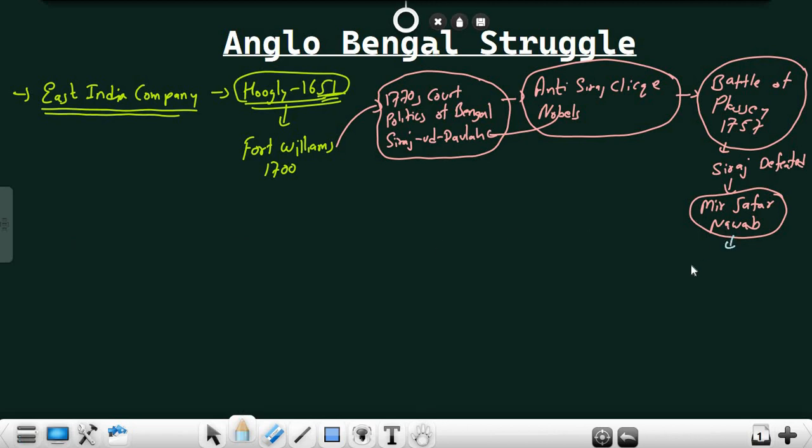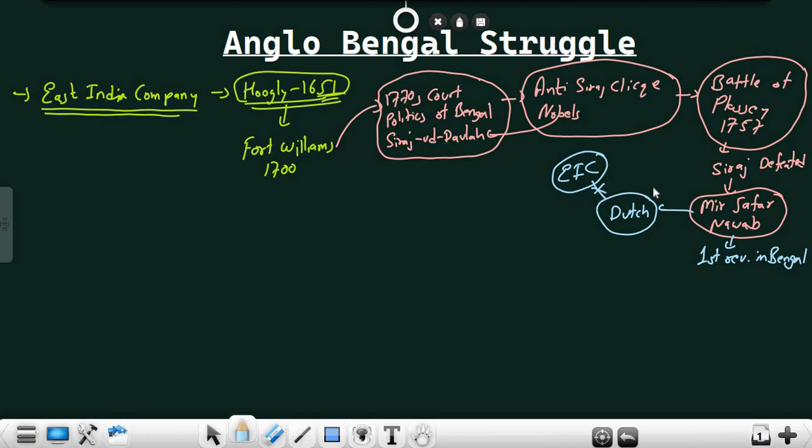After that, Mir Jafar started the first revolution in Bengal, and he collaborated with the Dutch, who were against the British East India Company.